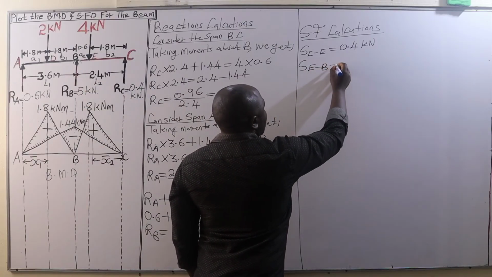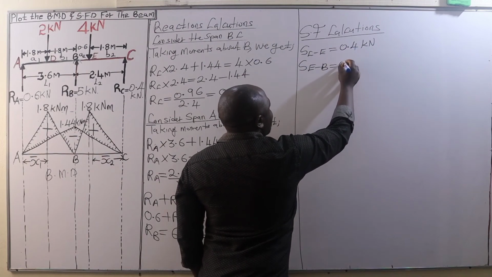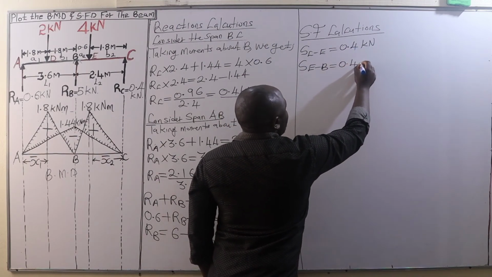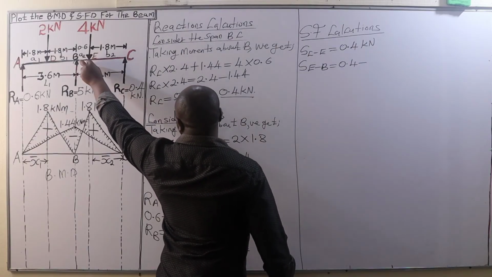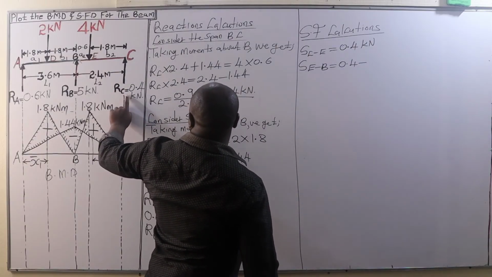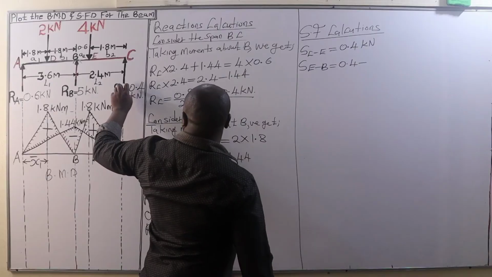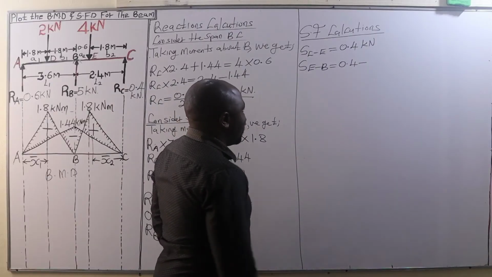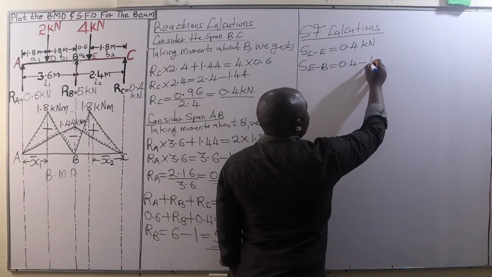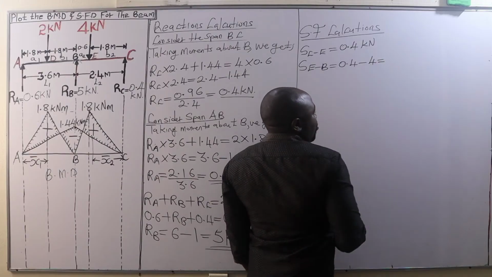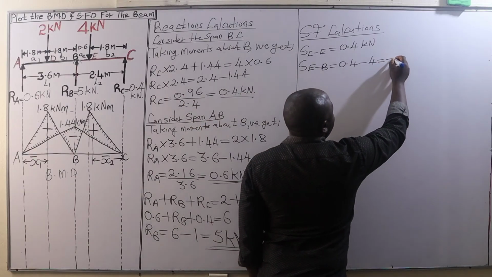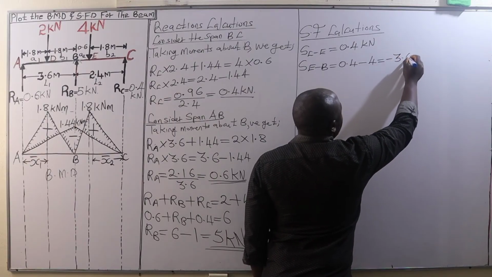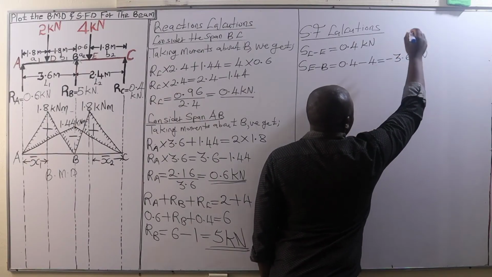That is going to be this 0.4 kilonewtons minus the downward acting force of 4 kilonewtons, because it is acting in the opposite direction of the reaction at C. So that's going to be 0.4 minus 4, which is negative 3.6 kilonewtons.